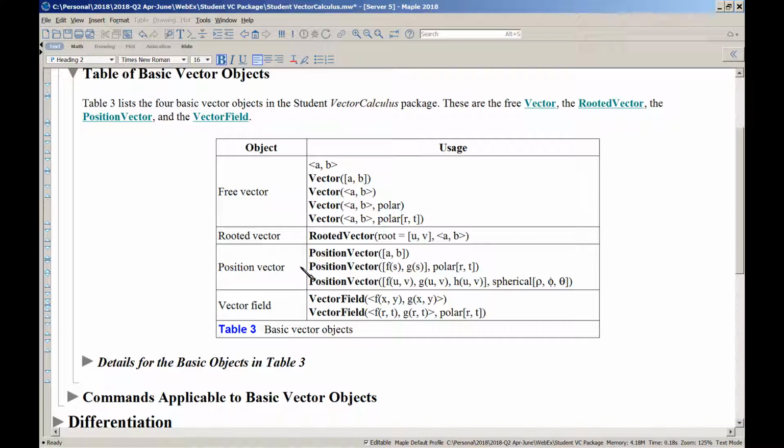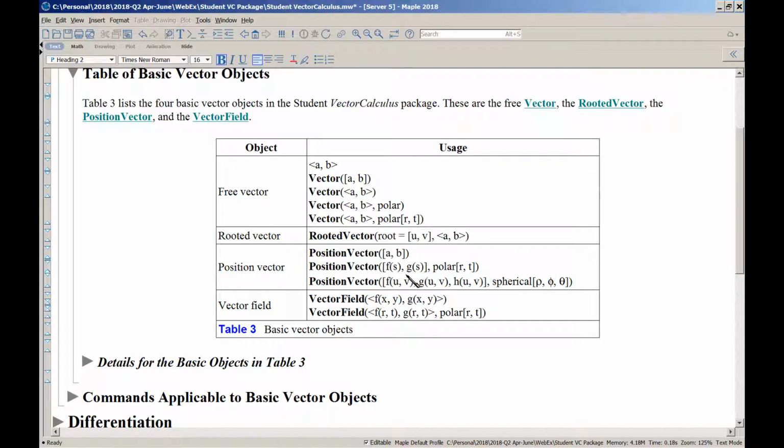Position vector. This is the vector from the origin to the point in the plane. And in Cartesian coordinates, we all understand what that means. So if you create a position vector with this position vector command, it will be a Cartesian vector. This would be a point.